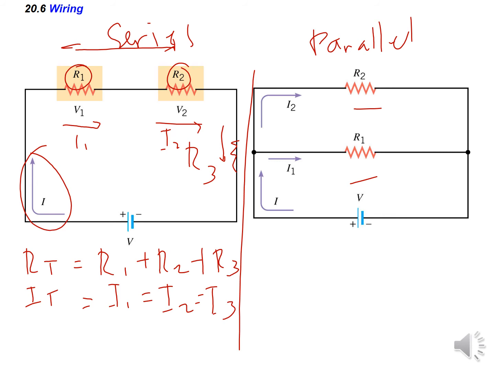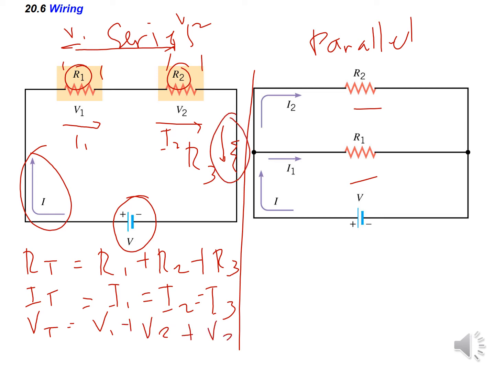And how about the voltage? The voltage here is simply the sum of the voltage on R1 and the voltage on R2. So the total voltage is V1 plus V2, and if there's resistance 3, that's V3, and so on. So these are the properties for the series connection.